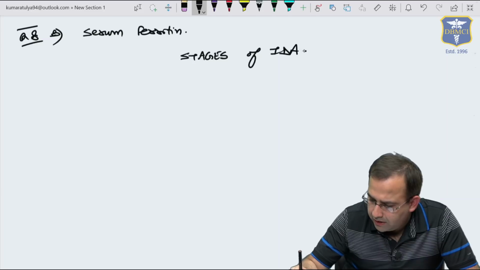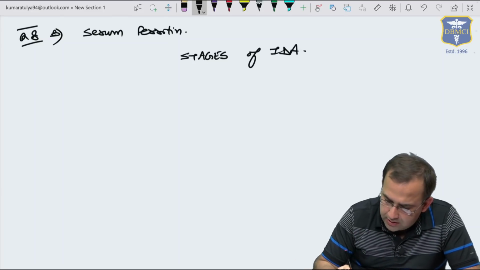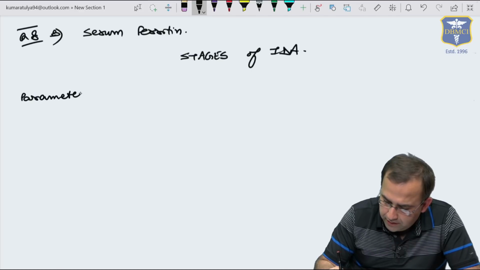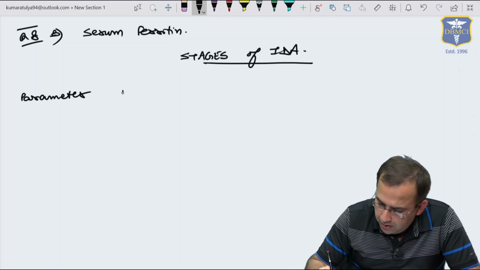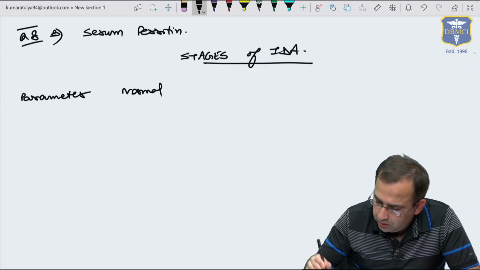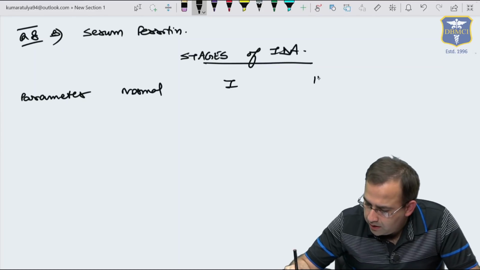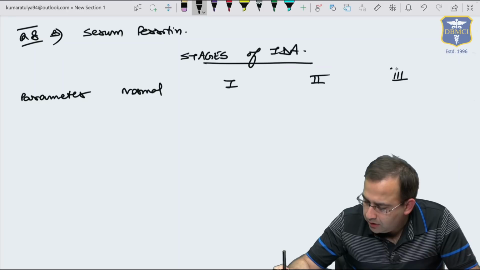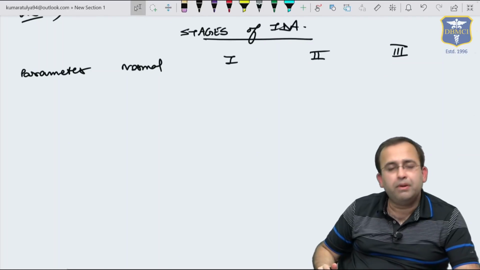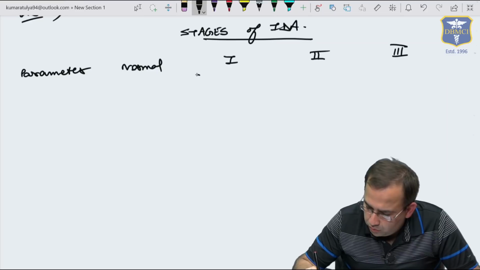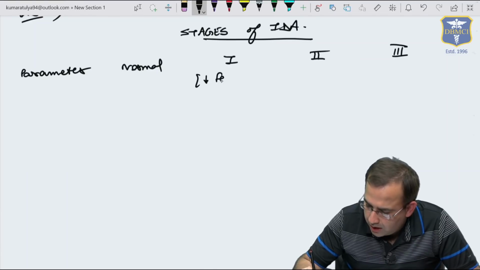Stages of iron deficiency anemia. So let us make a table with headings as parameter, normal value, normal, stage 1, 2 and 3. Stage 1 is reduced iron stores.